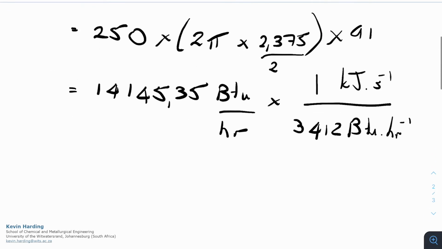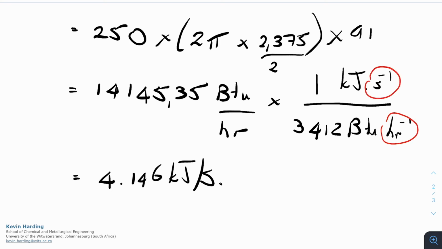Again, you'll just have to check the maths on that one, and you end up with 4.146 kilojoules per second. I'm just going to ask you to double check that I've done the unit conversion correctly for the hours and the seconds.